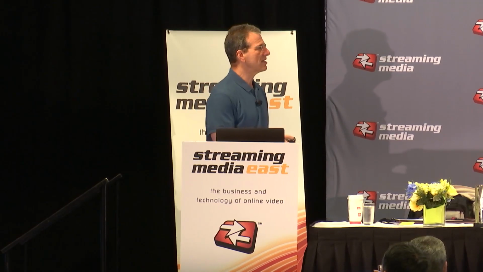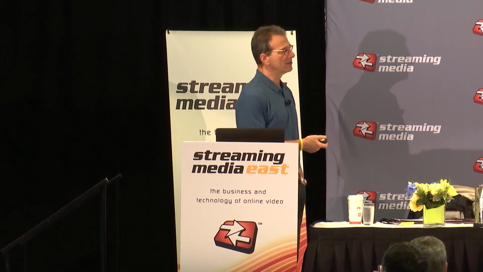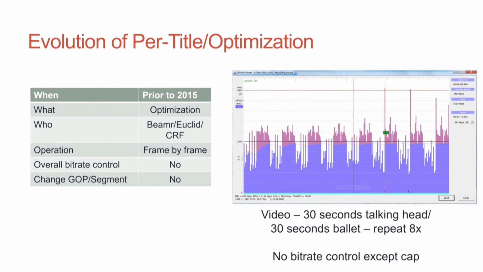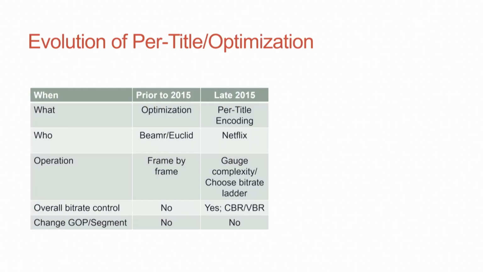And if you look at a technology like optimization in particular, you can't use an optimization technology and get a CBR file because it's adjusting the data rate up or down based upon the complexity of that frame. So if you're looking at a technology like Euclid or a technology like Beamer or a technology like CRF, if you're concerned about delivering CBR video, those technologies are not for you. But there are options, and we'll cover those next.